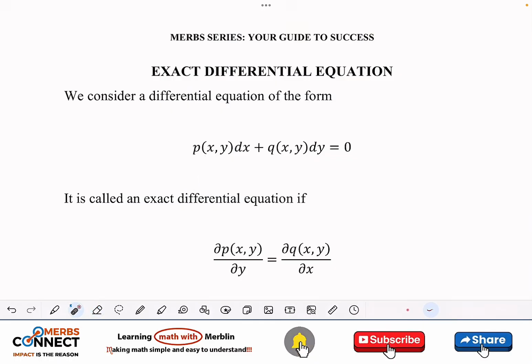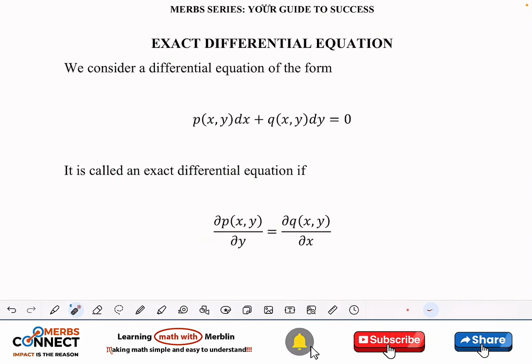So now what do we do? We are saying that this equation here is called the exact differential equation if when we differentiate the coefficient of dx with respect to y partially, it's the same as when we differentiate the coefficient of dy with respect to x partially. So when these two are the same, then we can say that this equation here is an exact differential equation.